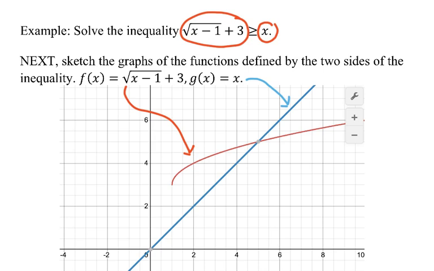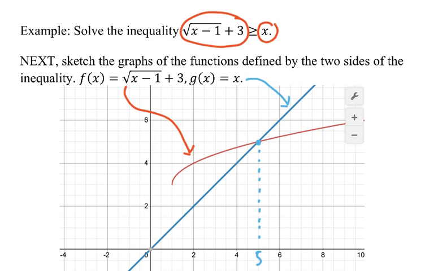These two functions cross each other, and if you look very carefully, where they cross each other is at a point where the x value, if I drop a line right here, is 5. Guess what? 5 was the solution of the underlying equation.